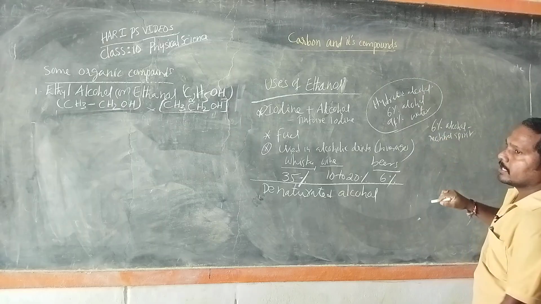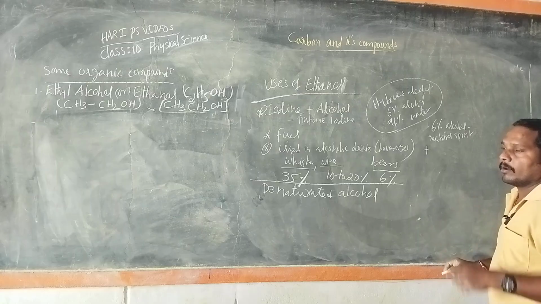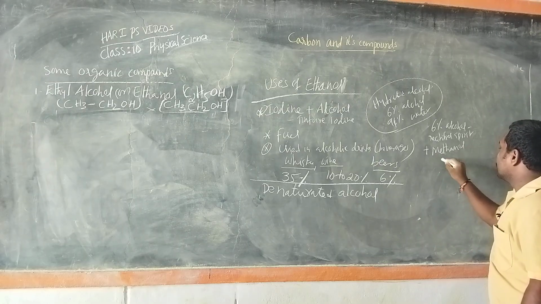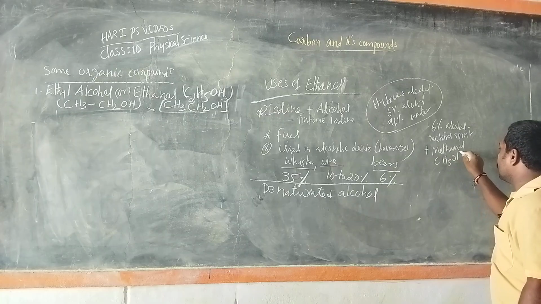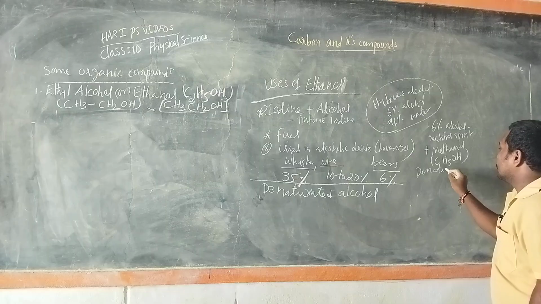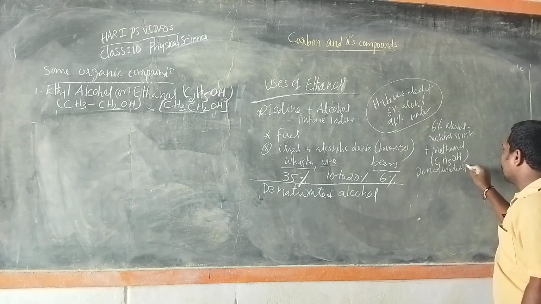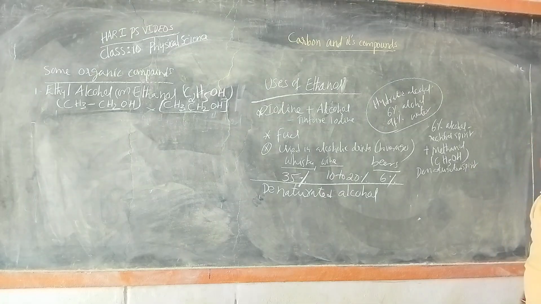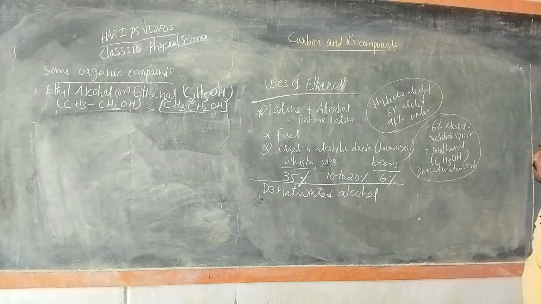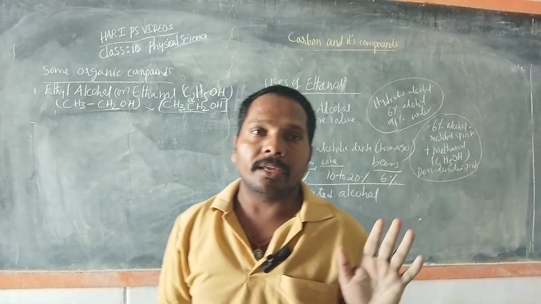If this rectified spirit or industrial spirit is mixed with another type of alcohol, methanol, we call it denatured alcohol or denatured spirit. This mixture of methanol and rectified spirit is not used for drinking.